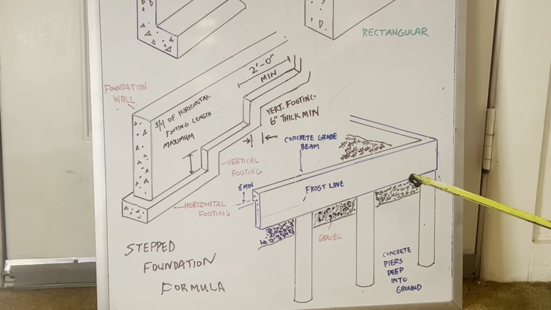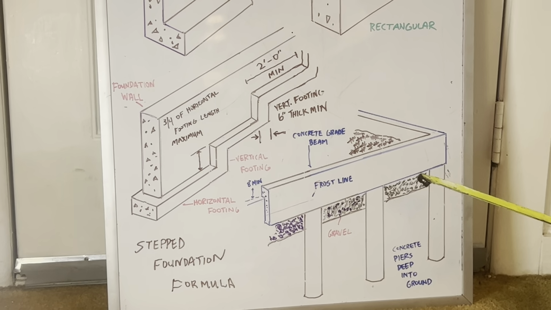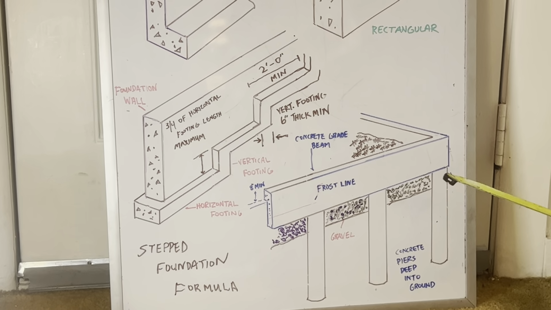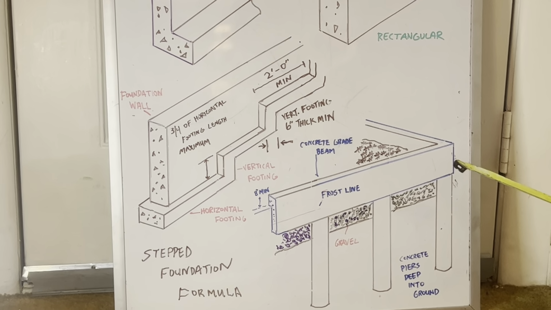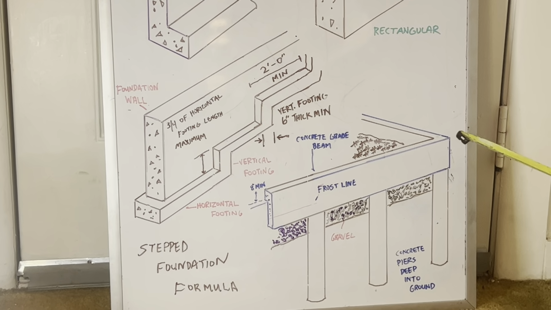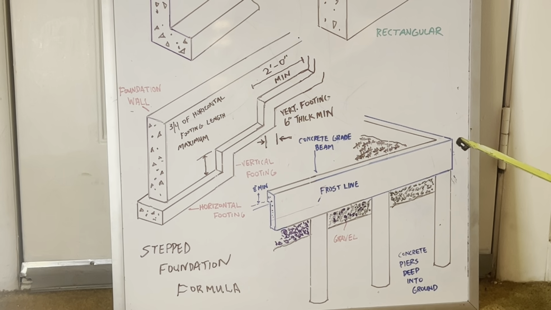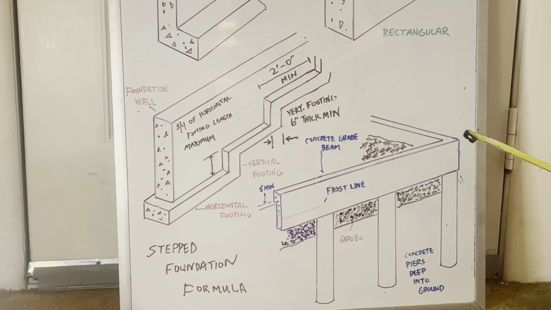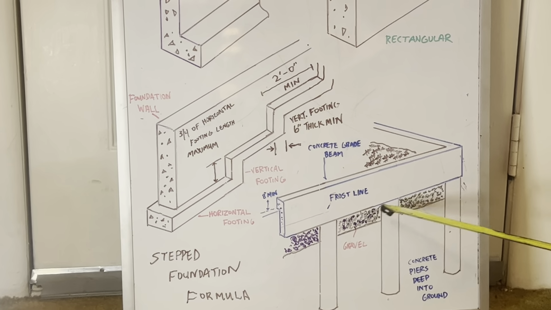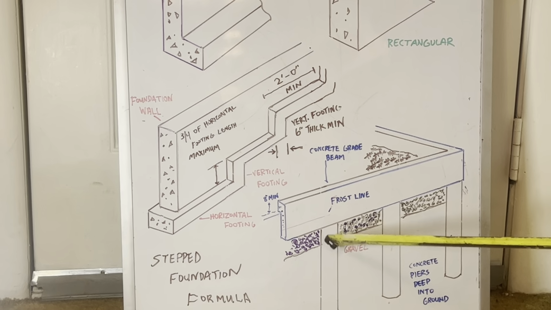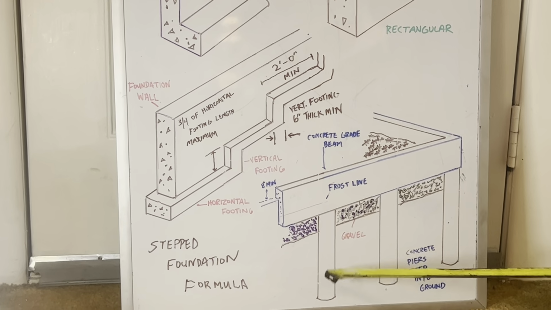Capillary action is a phenomenon of water defying gravity and going upward. This happens when you have a lot of small holes or micro pores. And so we've got gravel up under here. We've got our piers, concrete piers that go deep into the ground.